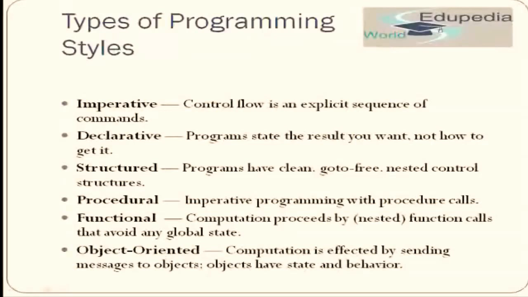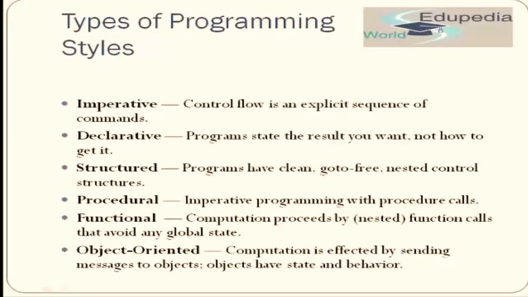Imperative means control flow is an explicit sequence of commands, which means it allows the control flow using a sequence of commands. Then is declarative, which means the program states the result you want, not how to get it.